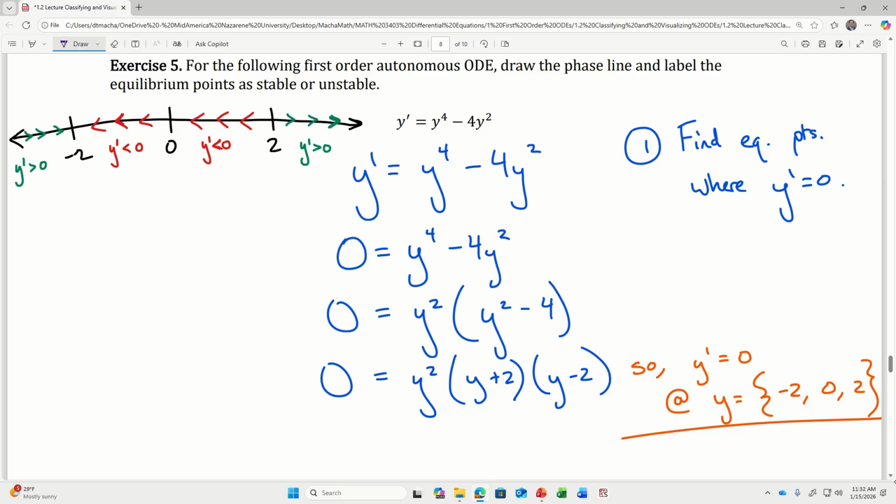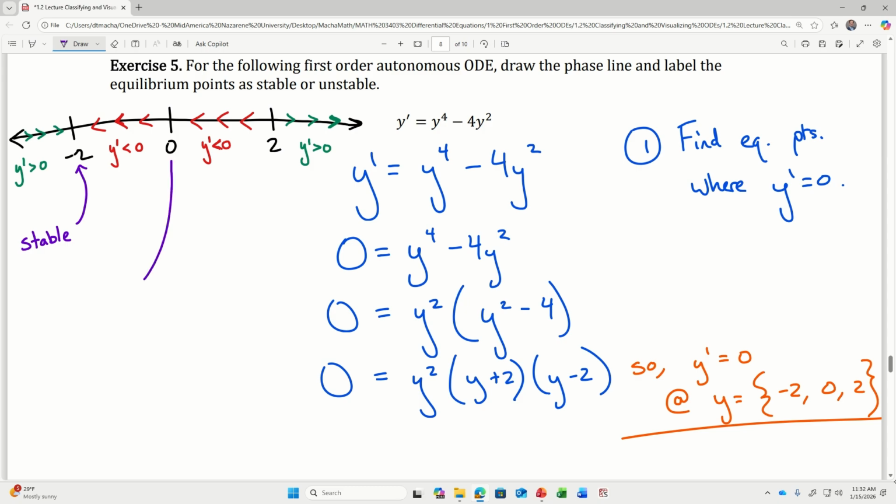So now for my equilibrium points. Is this point stable or unstable? Stable. My equilibrium point at y equals negative 2, that is stable, because all of the nearby points are moving toward the equilibrium point.